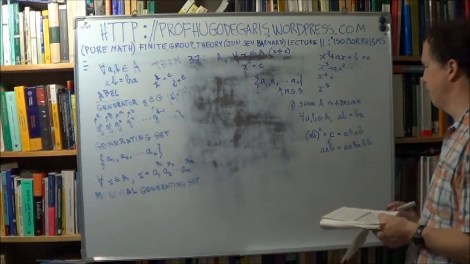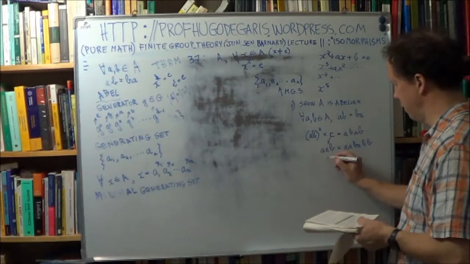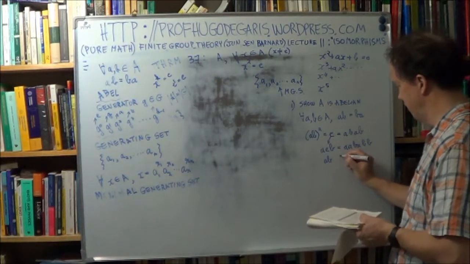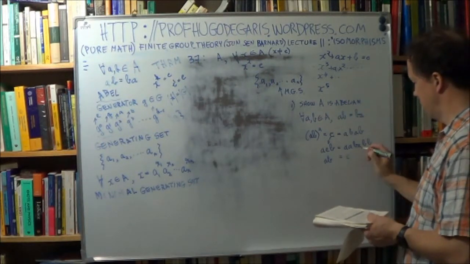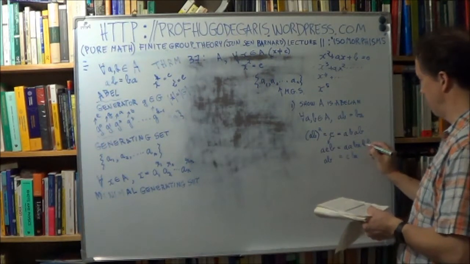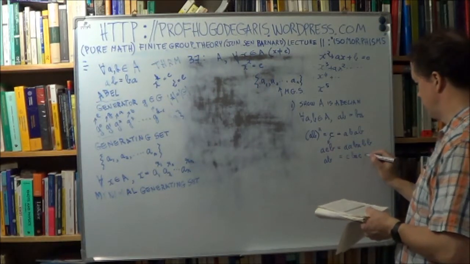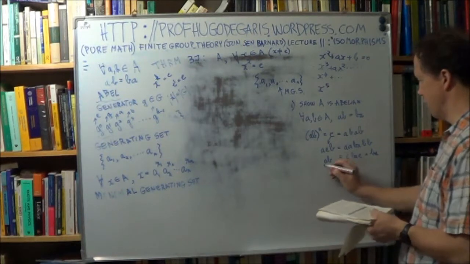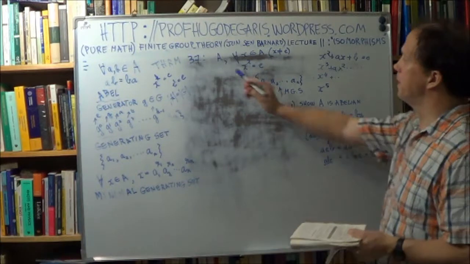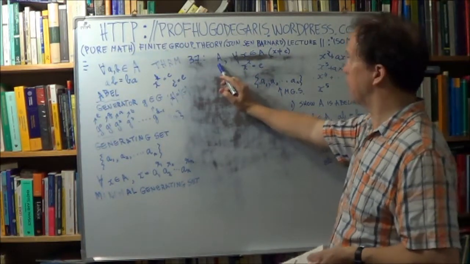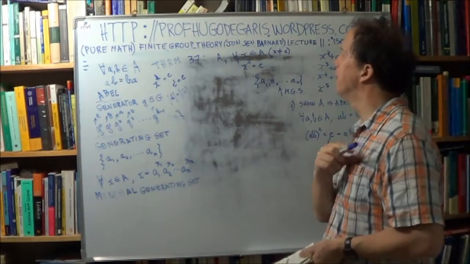Now, this is just ab. a squared is e, so this is e ba, and b squared is also e. So this is just ba, and there it is, ab equals ba. So we've proved that this group is abelian, so it makes sense labeling it big A.